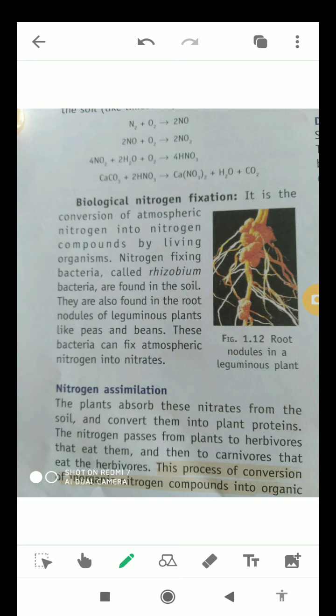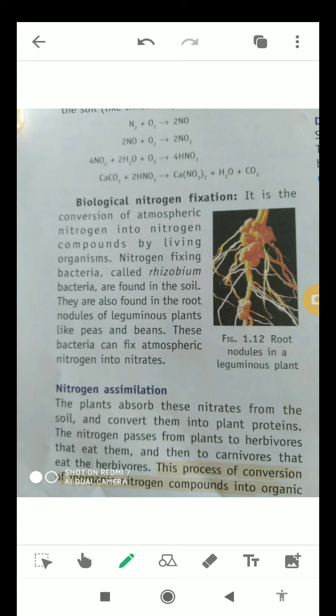The next process is known as nitrogen assimilation, and this is the next step of the nitrogen cycle. In this step, the plants absorb nitrates from the soil and then convert them into proteins.